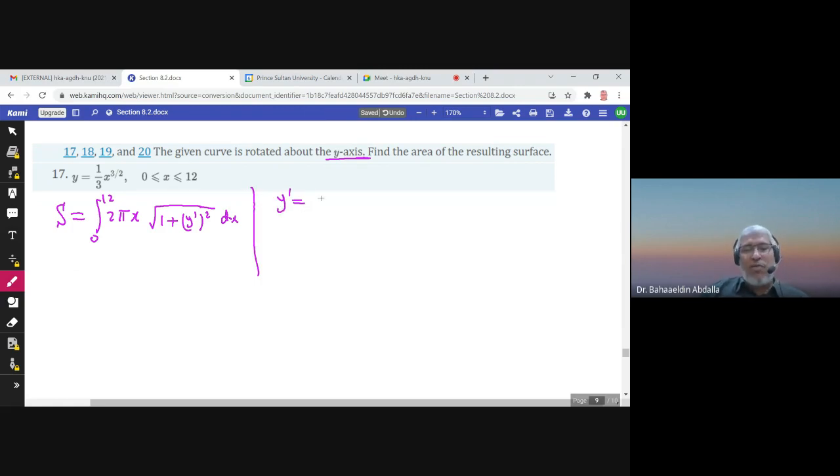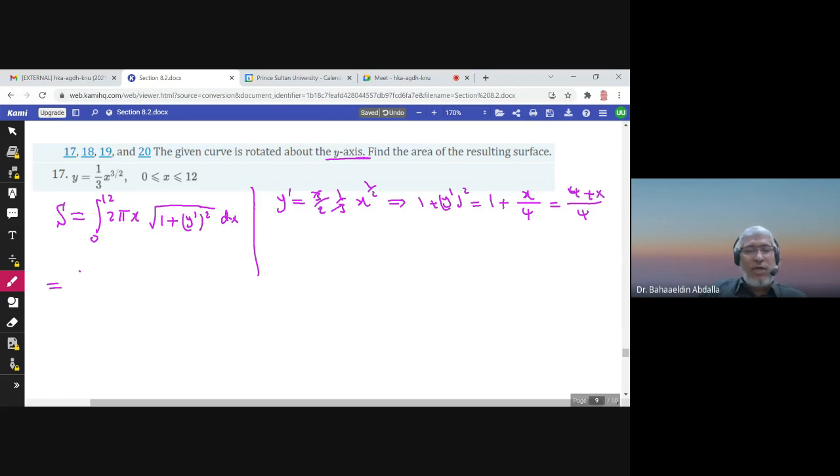So y prime would be 3 over 2, times 1 over 3, x to the power 3 over 2 minus 1. And then 1 plus y prime squared would be 1 plus, and y prime squared is 1 over 4, and x to the power half. When you square it, you get x, so it has x over 4. I can add these two fractions, so I have 4 here and 4 plus x here.